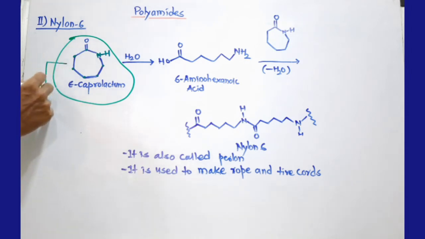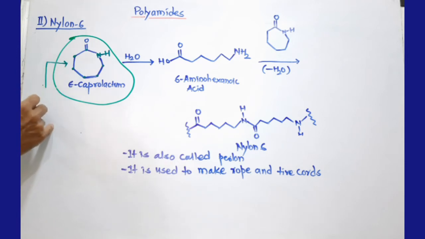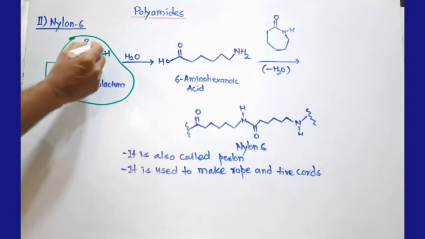If you remember, we can prepare caprolactam from cyclohexanone. This is cyclohexanone, which is treated with hydroxylamine, and by using the Beckmann rearrangement we can prepare caprolactam, which is a 7-membered ring.